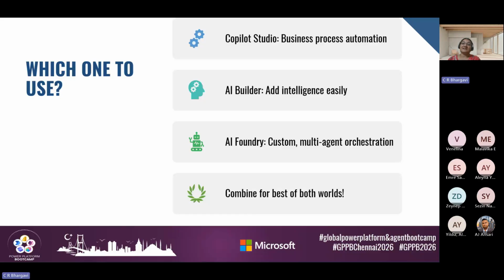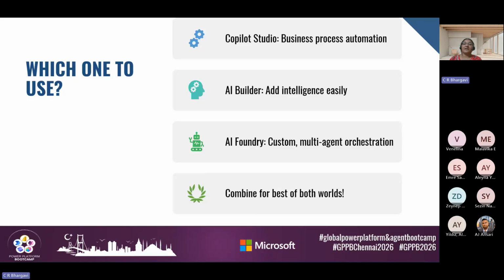In that case, AI Builder has the way of adding intelligence. So AI Builder is available inside it, and you may be wondering, for just reading out a PDF, why do I want to develop an agent? I can just go ahead with AI Builder and use it.